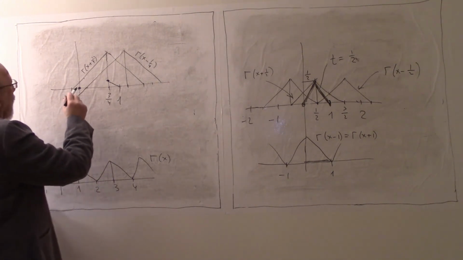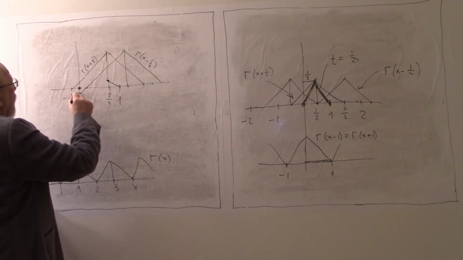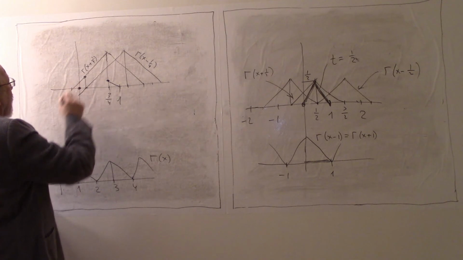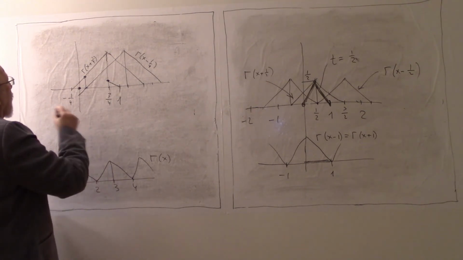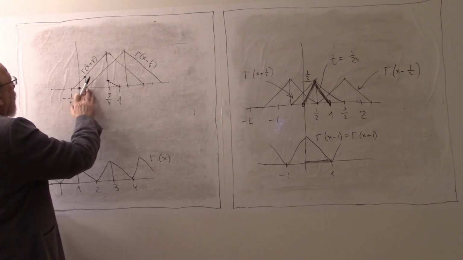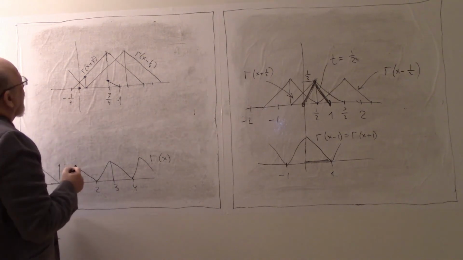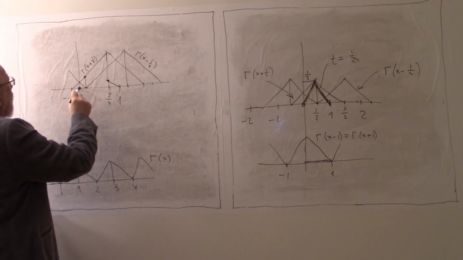One moment. If you take the difference between this and this, here it grows to this value. No, here it goes this way. Yes. So this means that here it is 0.